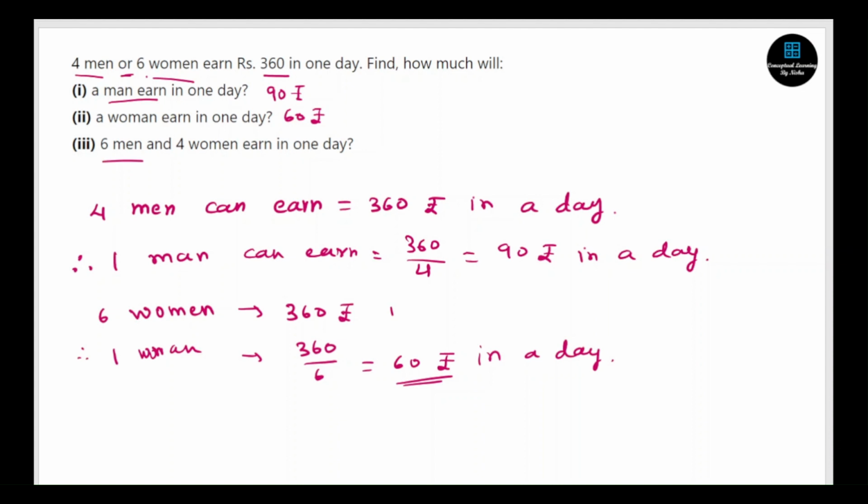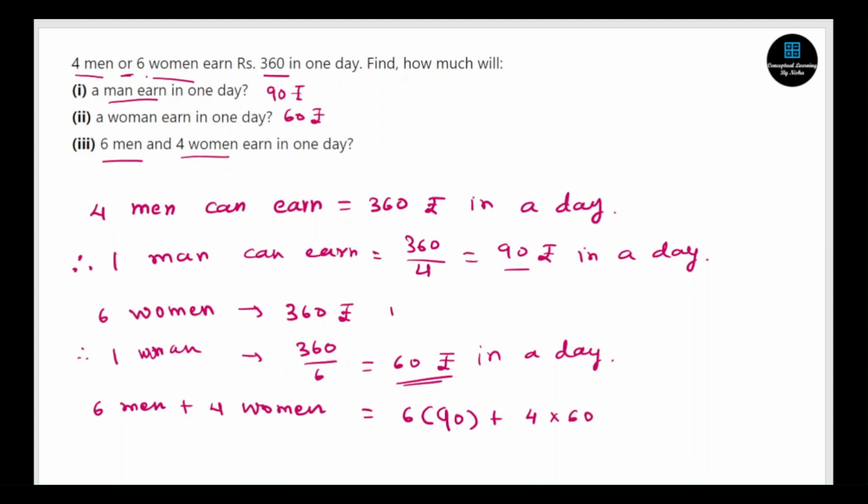Now 6 men and 4 women can earn in a day. So what I have to do? Now 6 men plus 4 women. So 1 man can earn 90 rupees. So 6 times 90 plus 4 times, 1 woman can earn 60 rupees.